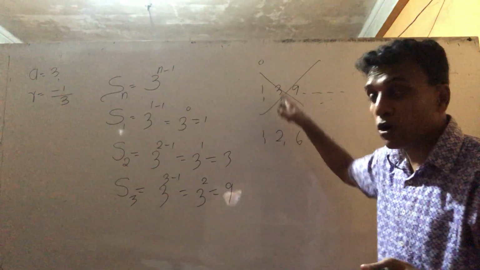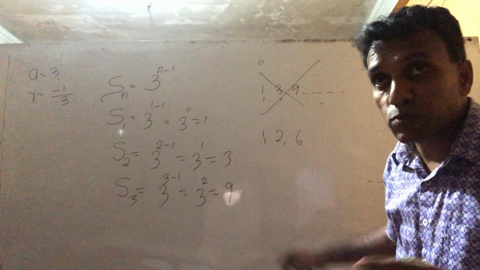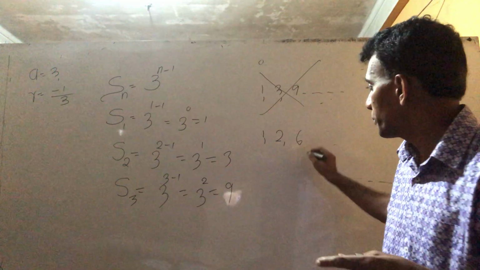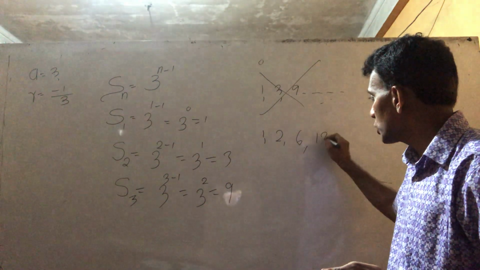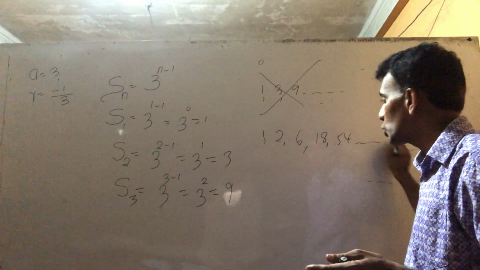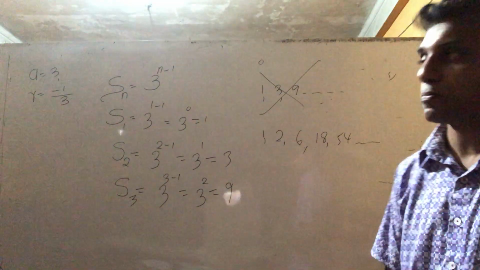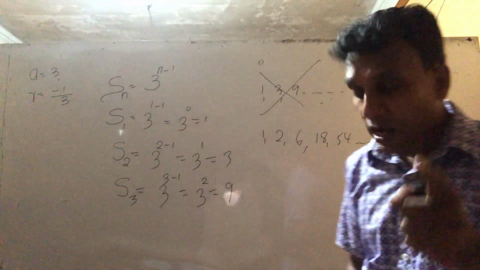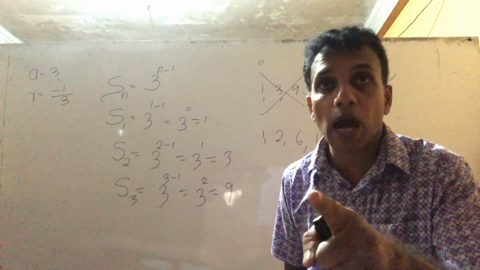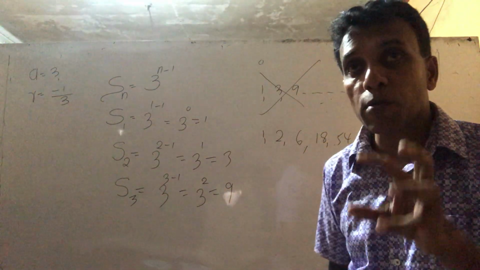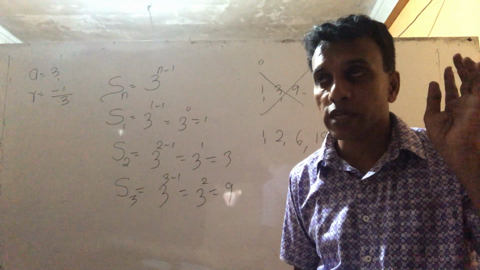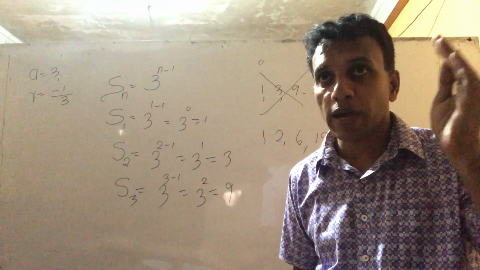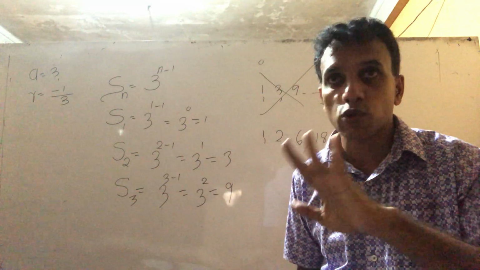So what is the series? 1, multiply by 3, multiply by 3, multiply by 3, and so on. This is the series. Next I ask, find the sum of 8 numbers. You can't use the formula r to the power n minus 1 over r minus 1. You can't.